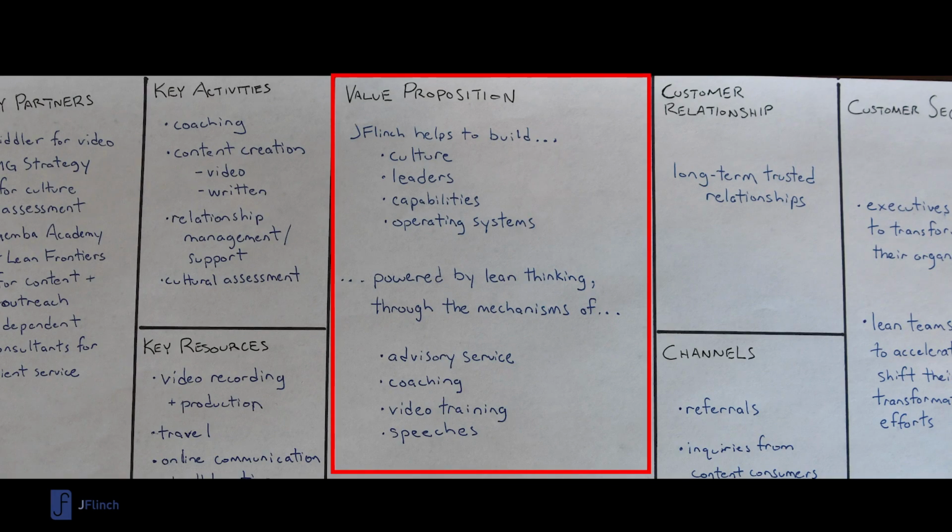So the JFlinch value proposition is we help to build culture, leaders, capabilities, and operating systems. Those are the outcomes which we deliver. Powered by lean thinking, which is core to what we are as a belief system, through the mechanisms, the delivery vehicles, of advisory service, coaching, video training, and speeches.